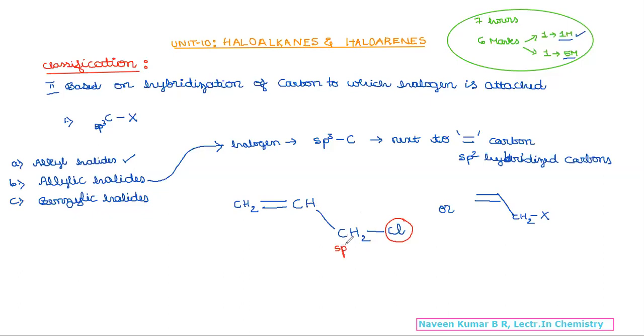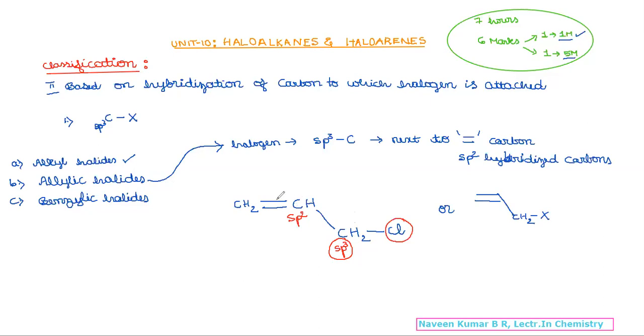So this carbon is surrounded by all single bonds. Hence this carbon is present in sp3 hybridization. Now the halogen atom is attached to an sp3 hybridized carbon. But the condition to call that an allylic halide is that this carbon should be present next to an sp2 hybridized carbon. We'll check that.